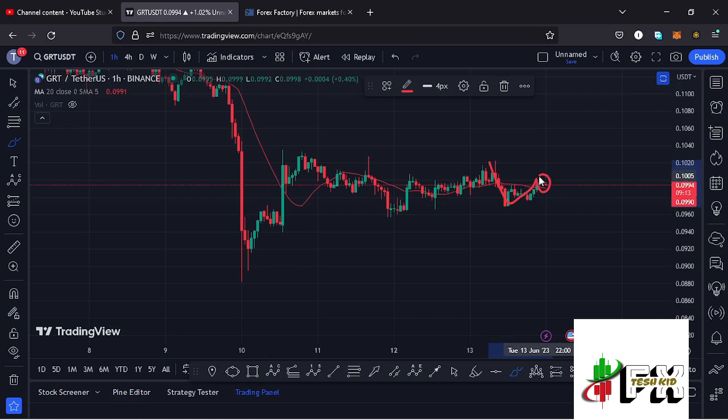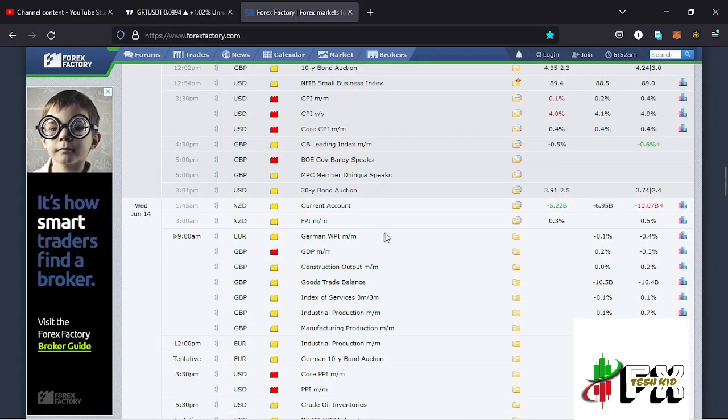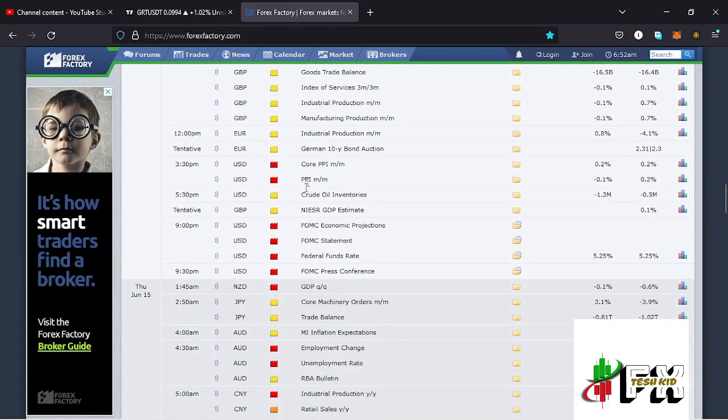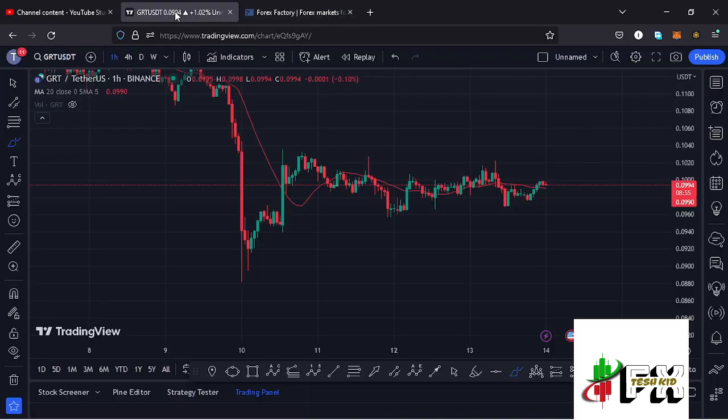And today is another very important day where I'm also expecting a lot of volatility, and that is as a result of the PPI data and the FOMC meeting. And as a result of these two fundamental news, I'm expecting a lot of volatility once more, where we could see GRT get above the $0.1021 mark, which is the high that we made yesterday, in case the fundamental news has a positive impact to the market.